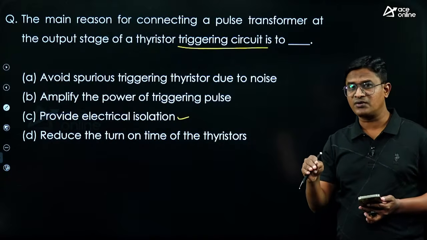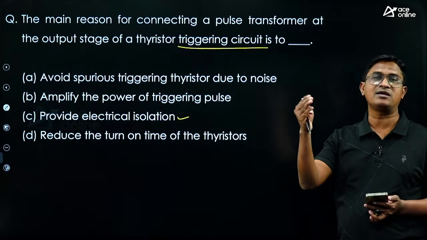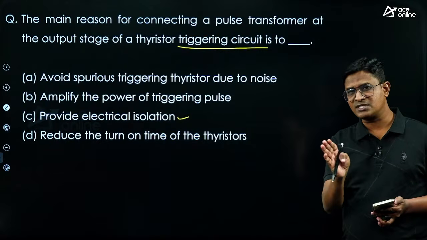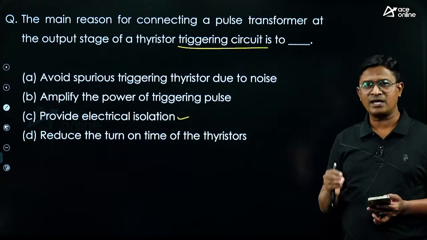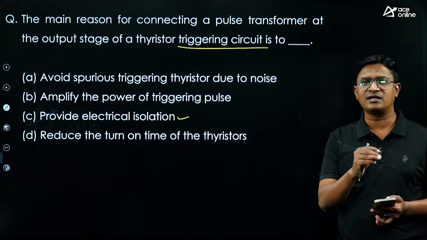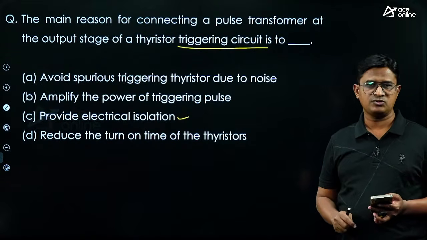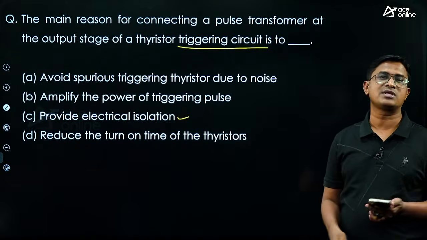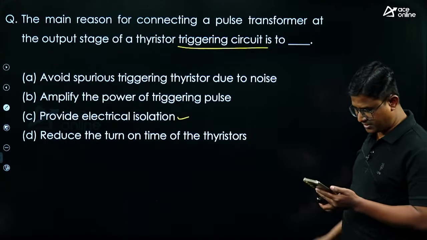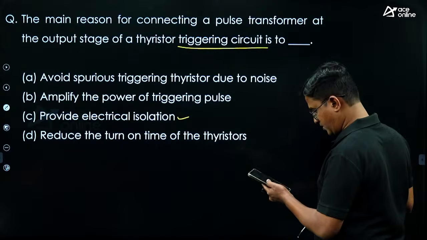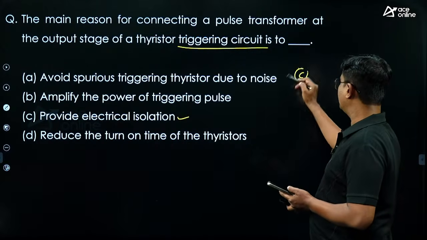Generally your load circuit has high voltage, high current value. But the circuit connected between gate and cathode is known as the control circuit, whose voltage and current values are comparatively low. So to provide the isolation between these two circuits, we use a pulse transformer. Alright, answer should be option C. Yes, next.